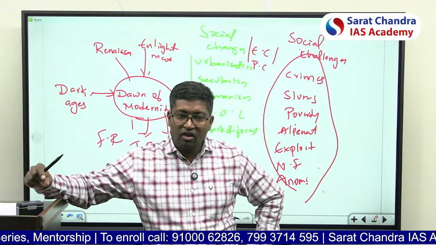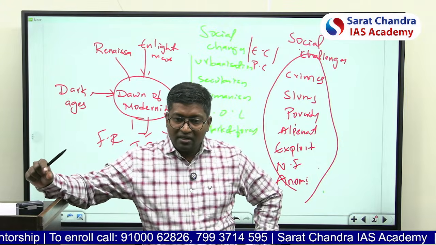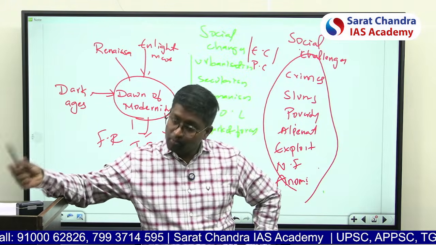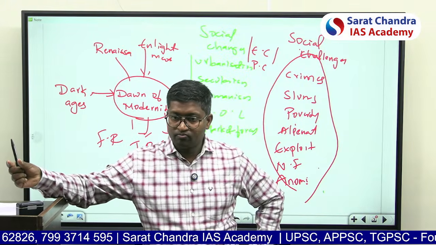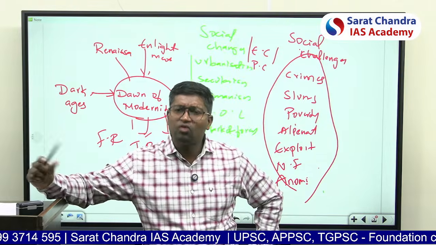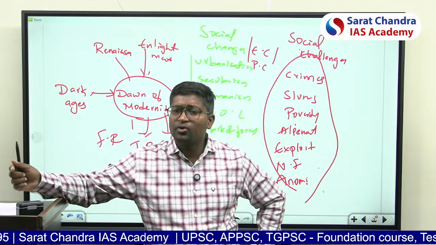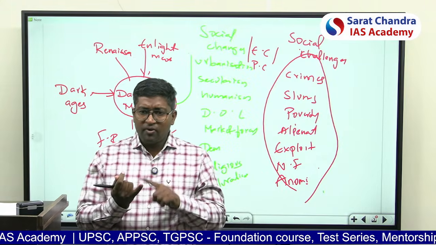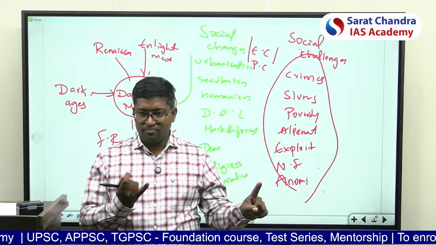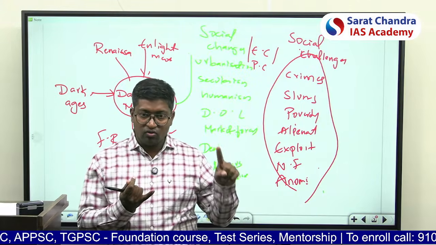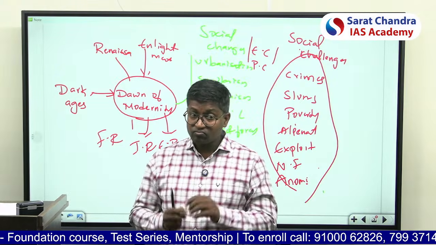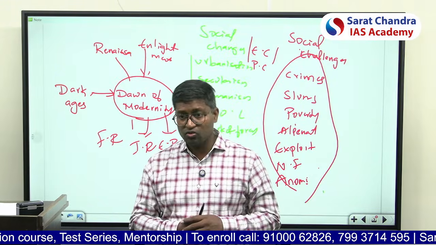In a 10 marker they will also ask particularly about the Renaissance, and how the Renaissance brought changes in thought process in Europe. You can say that earlier people were thinking only along the lines of religion, and education was only religious education. That has changed. Scientific thinking also changed.